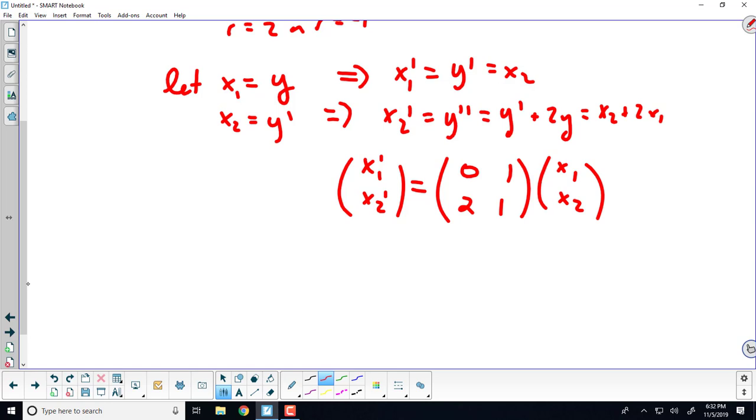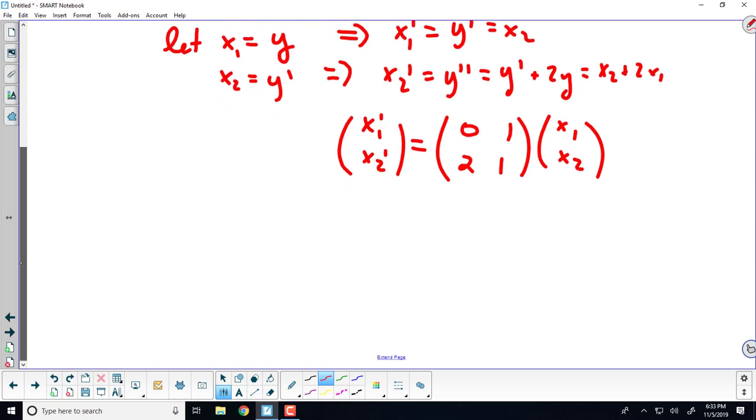But if we go find the characteristic equation of this matrix here, we're going to have the exact same characteristic equation. Let's do that. So let's label this as A. So the characteristic equation of A would be the determinant of minus lambda, 1, 2, 1 minus lambda.